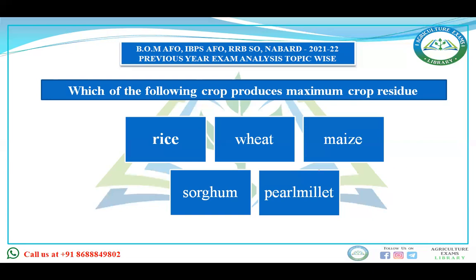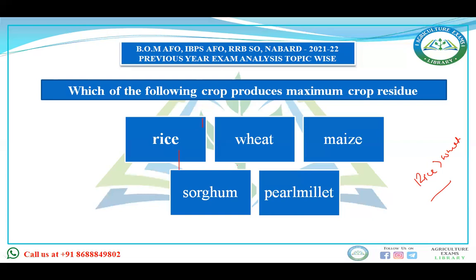If you see, among major crops the highest crop residue is produced by rice, then wheat. So in the options our answer will be rice. Where was the burning of crop residue maximum? It was highest in Punjab, then Uttar Pradesh.